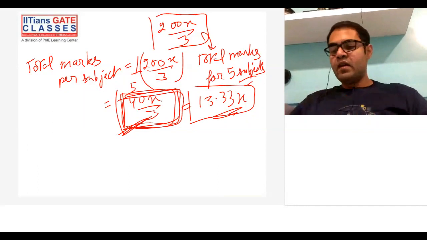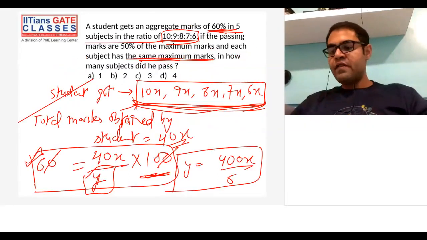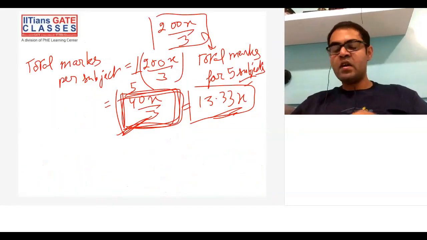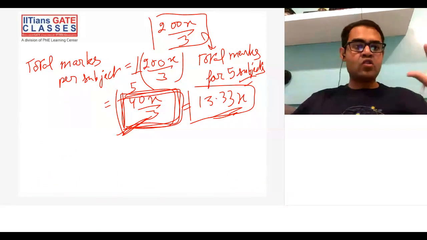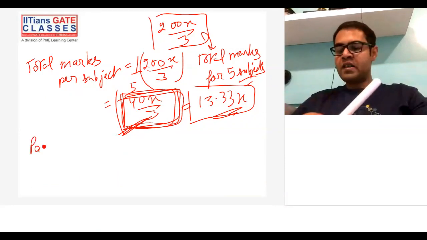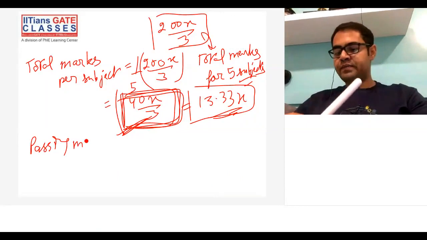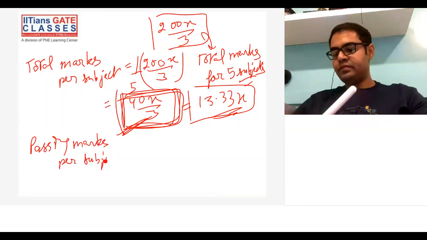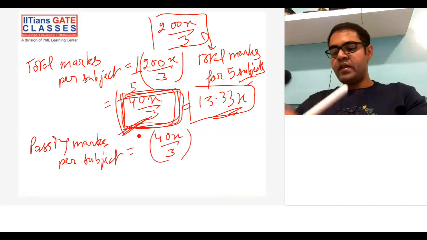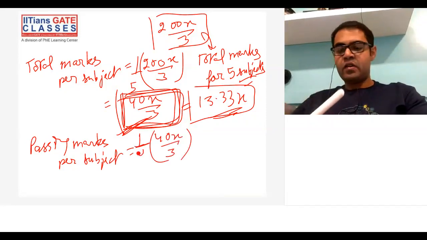Now they are saying 50%. If passing marks are 50% of the maximum marks, since total marks are the same for every subject, passing marks are also the same. So passing marks per subject is 40x by 3 into 1 by 2, 50%.